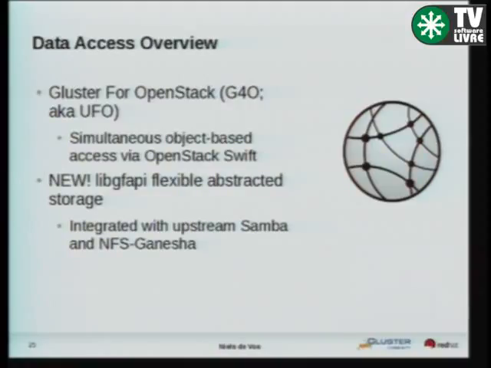It was called Gluster for OpenStack before, and before that it was called Unified File and Object Access. It is very confusing, and they like to change names. I don't know how long they will stick with this current name. But if you ask in the Gluster community, or if you go to the website, you should be able to find the current name and the components that you need.